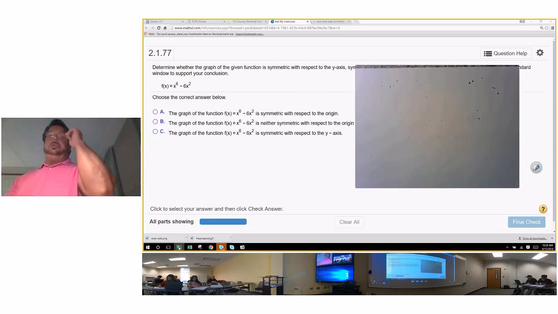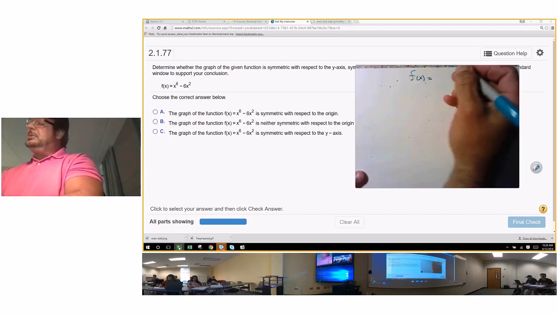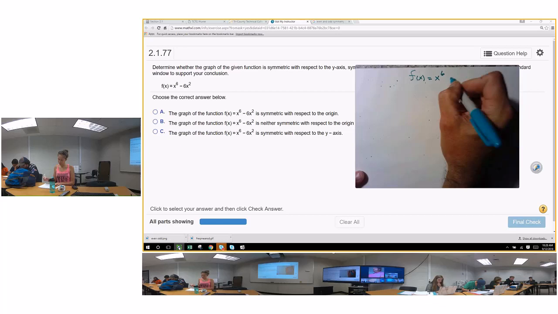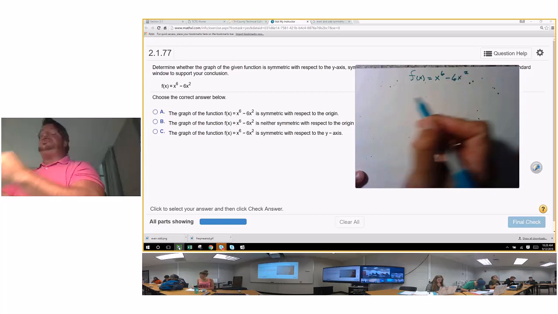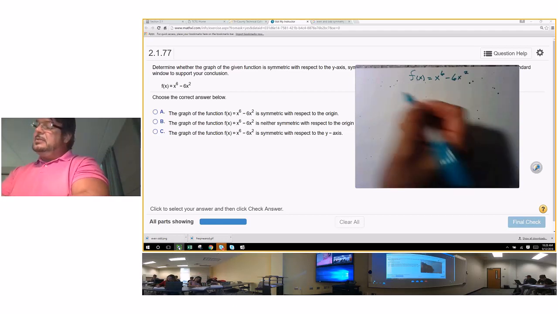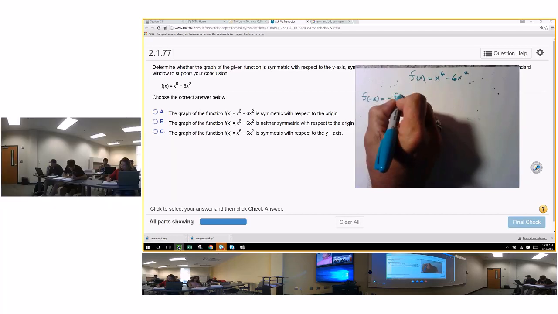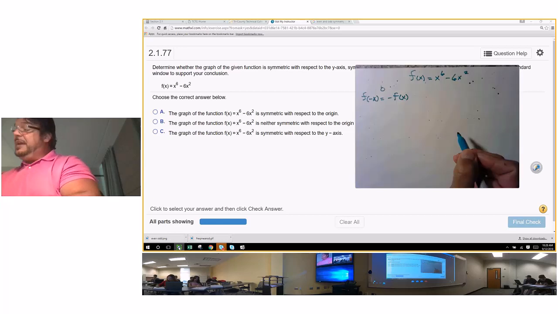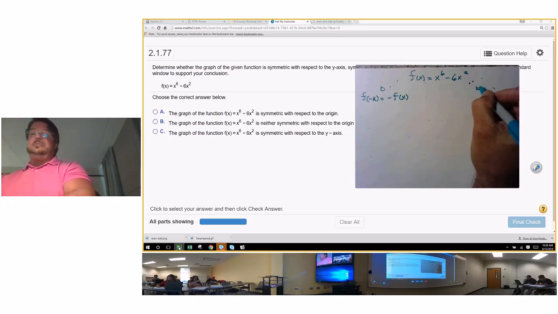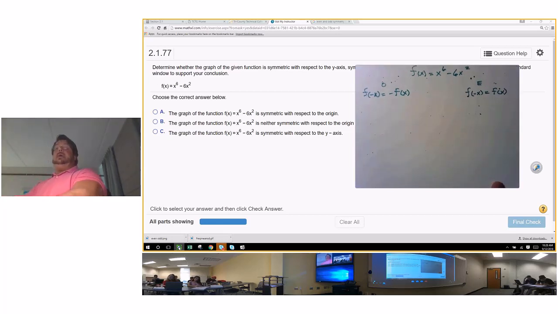And we're going to put f of x is equal to the function, and my rule says that I need to check f of negative x, and that's to see if it's odd. And then if that's not true, I check to see if it's even, and even is f of negative x is equal to f of x. Take a minute and do that.